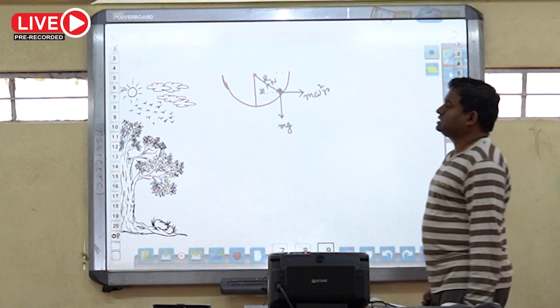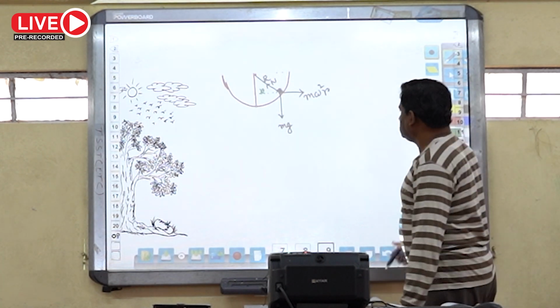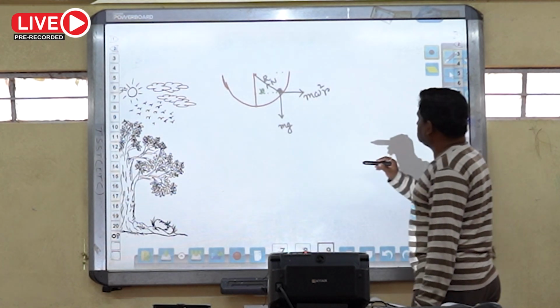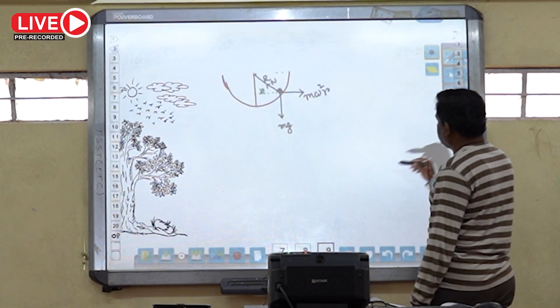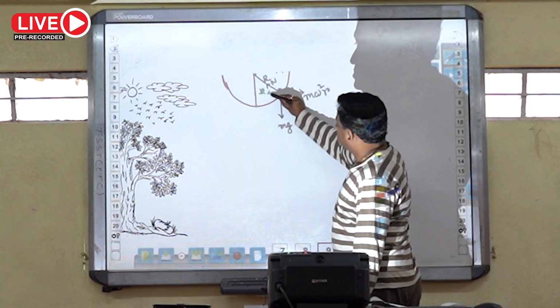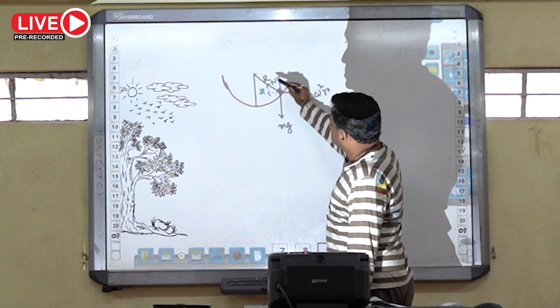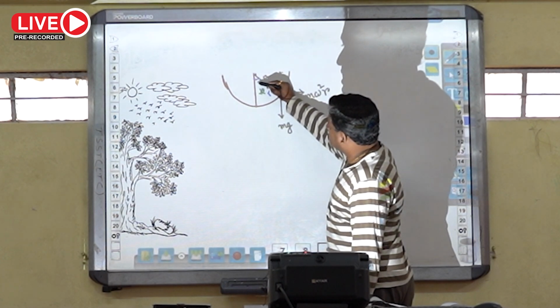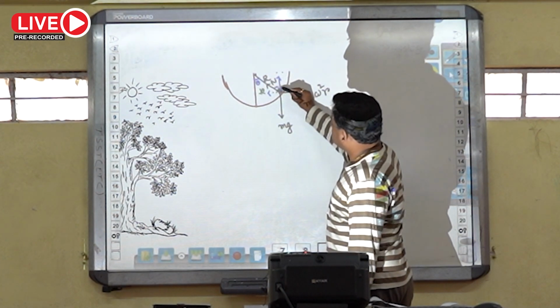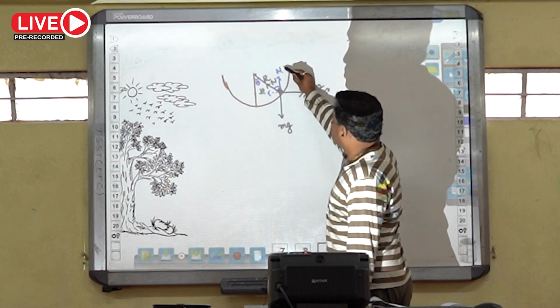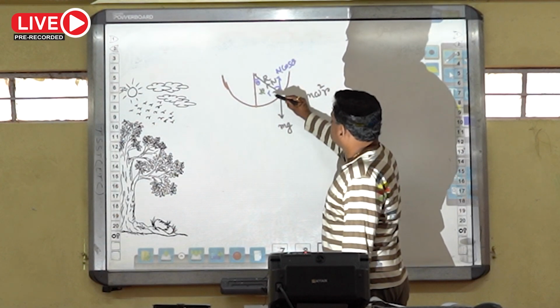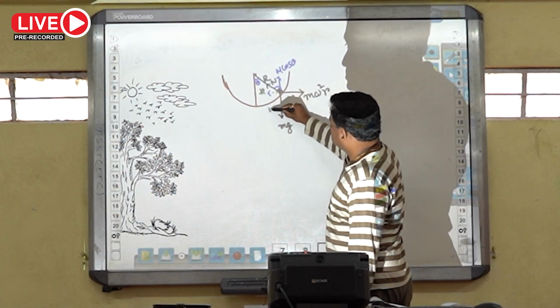So now we can split n into two components. One component of n is along this direction. Another component of n is along this direction. So I can consider this angle to be theta. And this angle will become theta, so this is n cos theta, this one is n sin theta.